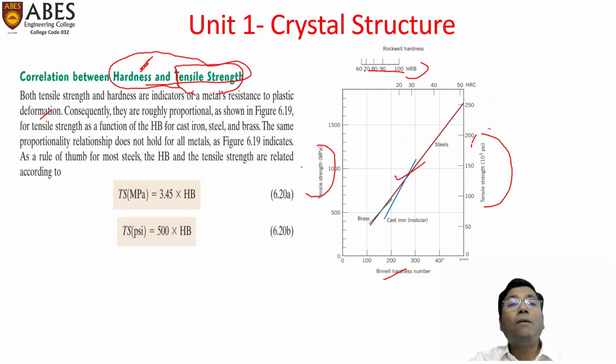So the same proportionality relationship does not hold for all metals. As a thumb rule, for most steels, the Brinell hardness, HB, and the tensile strengths are closely related.